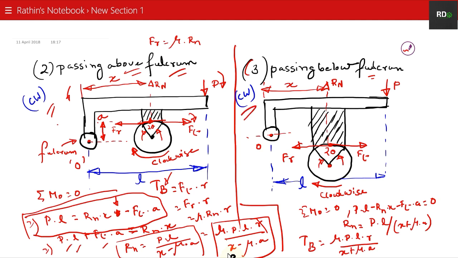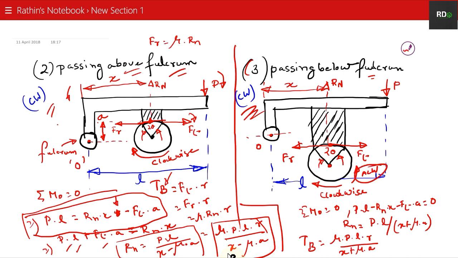In this case it is also the clockwise direction. Please remember the direction of the braking drum is clockwise. But what will happen if it is anti-clockwise direction?